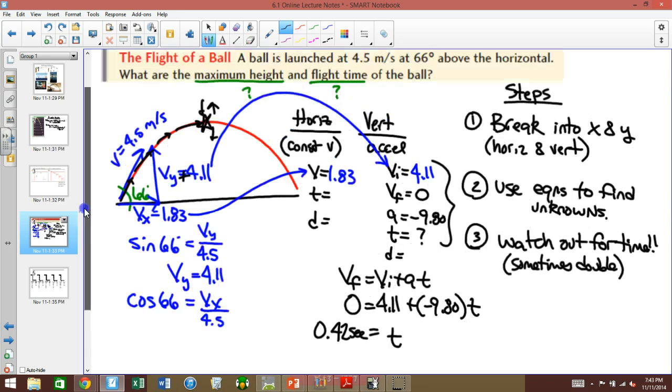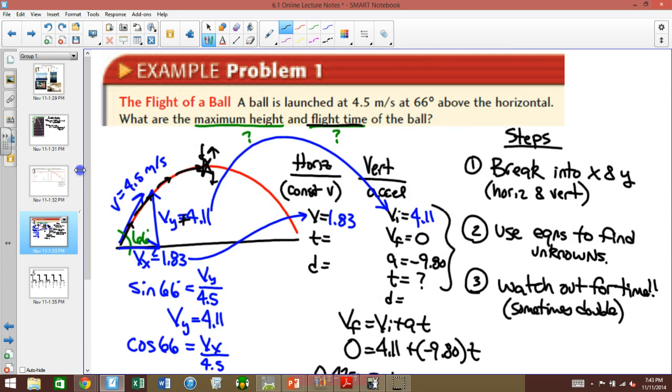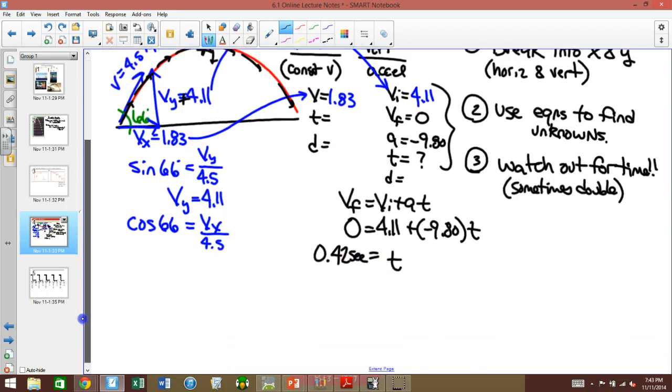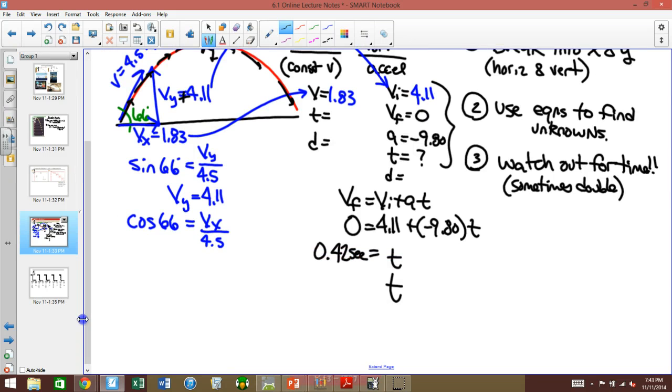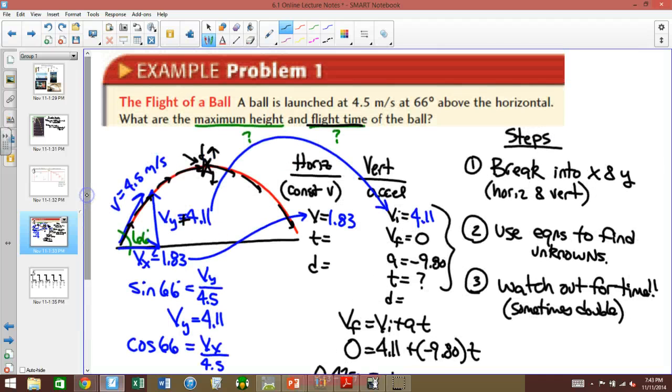So when the question asks us, how long is it in the air for? Since we used this spot, we have to double our time. So the time that it's in the air, sometimes we call it the hang time, is 0.84 seconds. Done. The next thing, it wants to know how high.